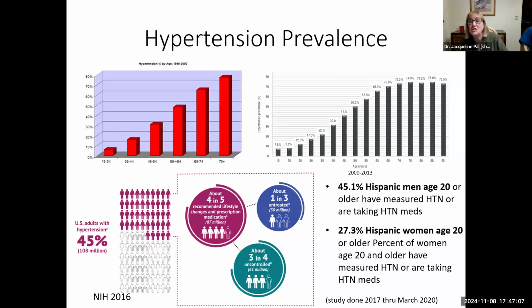That's ages 20 and older for Hispanic men. And for Hispanic women, it's almost 30%. This was a study done between 2017 and 2020, so these numbers are much more realistic for the current status for Hispanics in the United States.